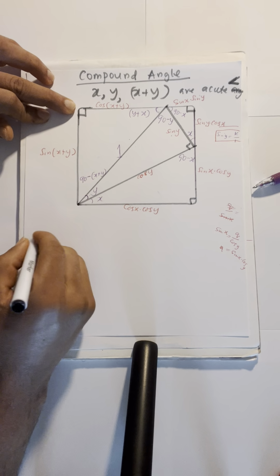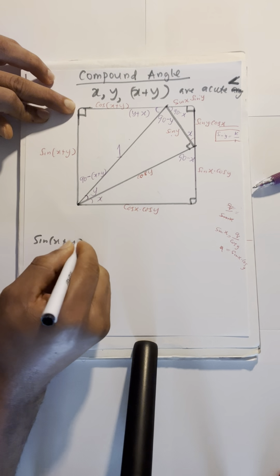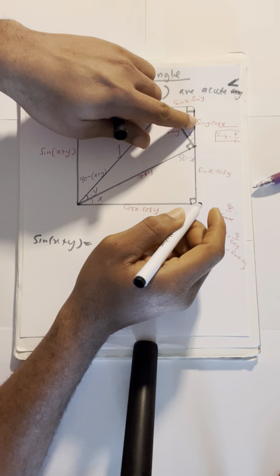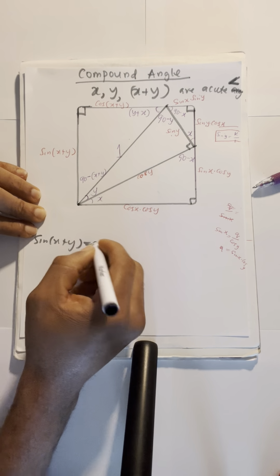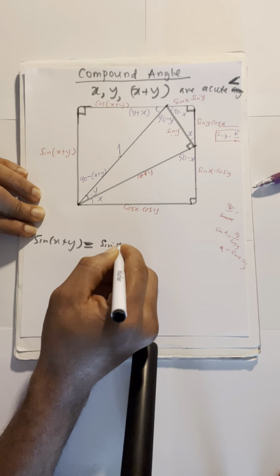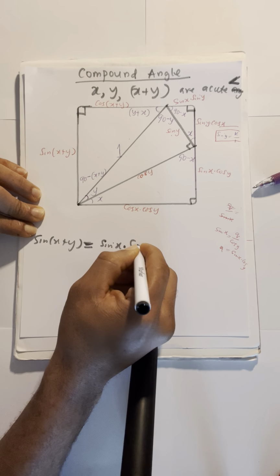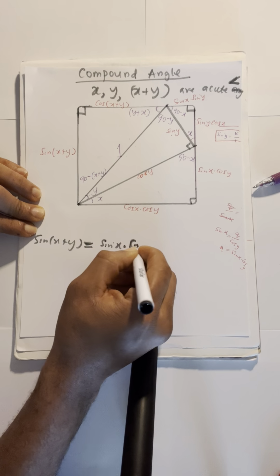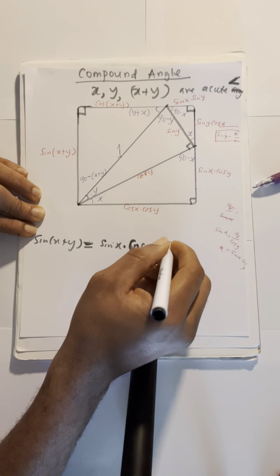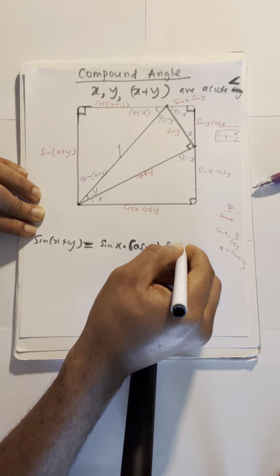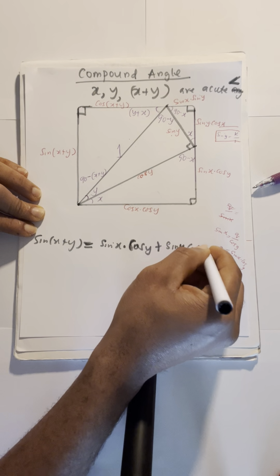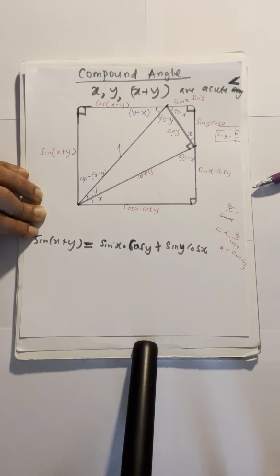Sine x plus y is equal to sine x cos y plus sine y cos x. So I'll write out here: sine x cos y plus sine y cos x.